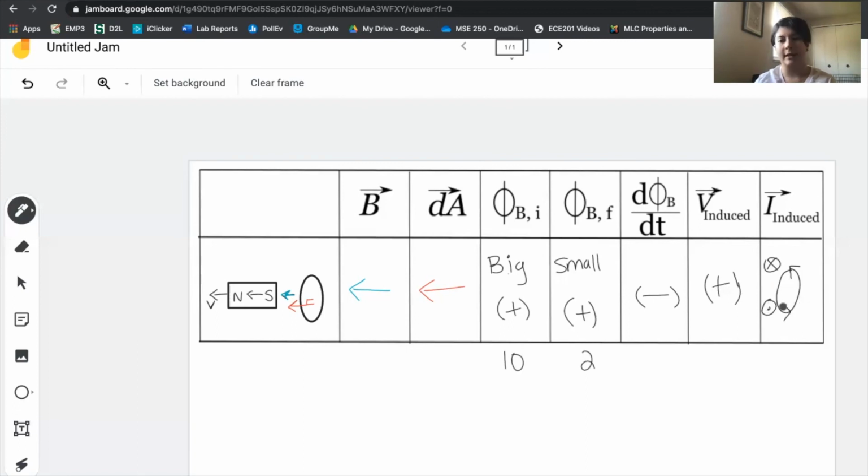Again, like I said, you can say counterclockwise or clockwise, but depending on which side of the circle you're looking at, it can be described either way. So that can be a little confusing. It's best if you have this representation and you talk about going into and out of the page, because that will always be the same regardless of what side you're on. Okay, so that's the example of how to figure out I induced from this table.